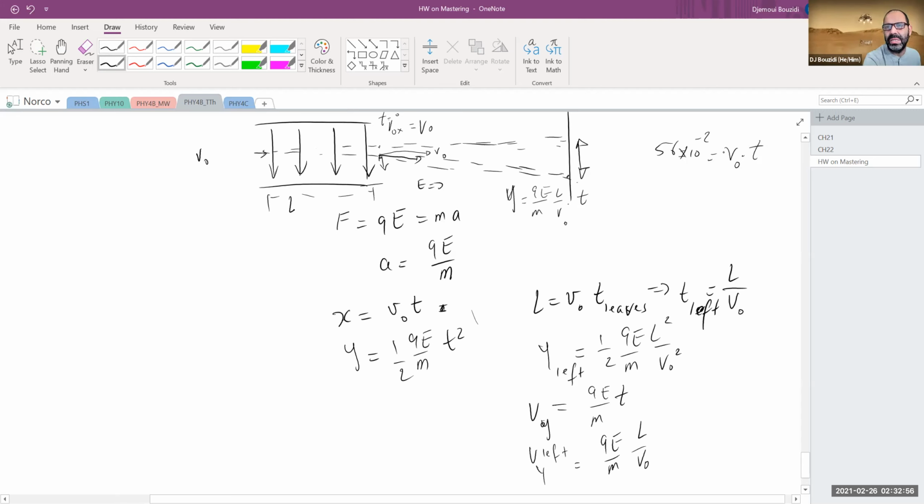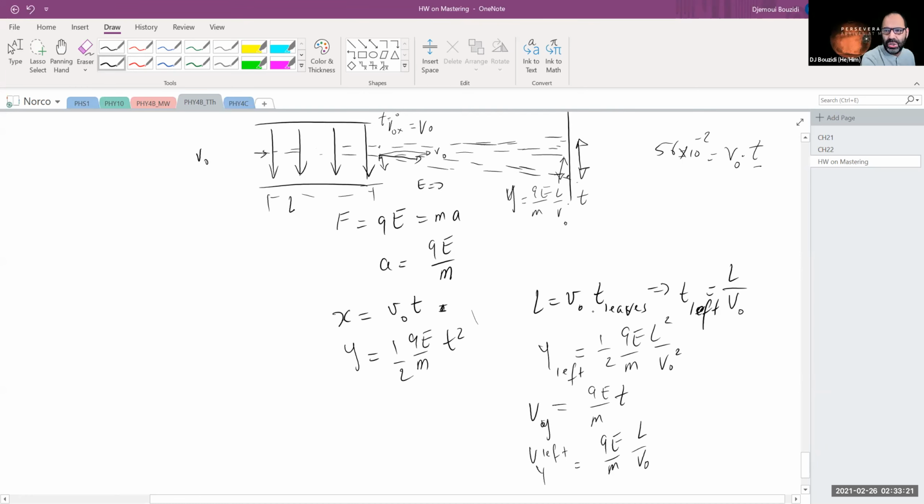I can find that time when it hits this impact, plug it into this expression now, and I will find the additional distance it's going to travel in the y direction, because I can find the time for it going to 56 centimeters to reach the wall, and plug it into this expression. And now I have the y.